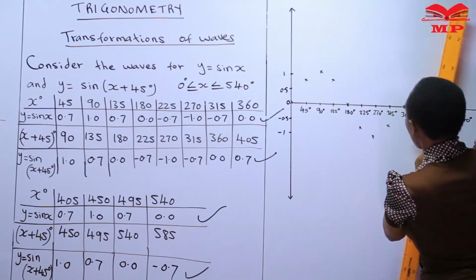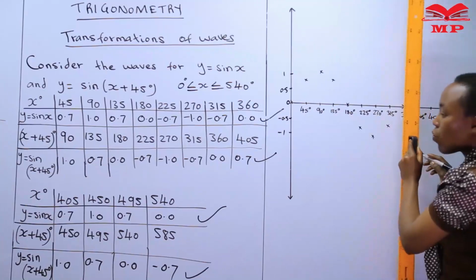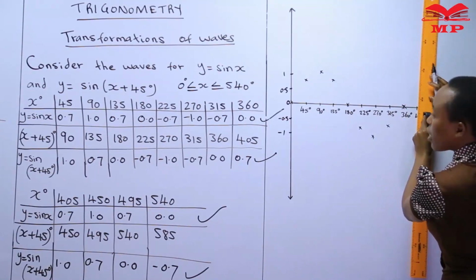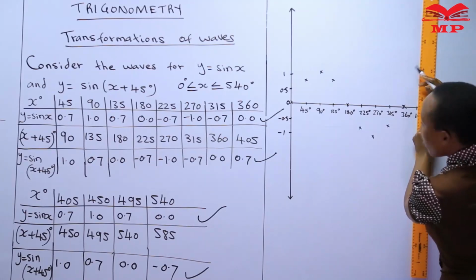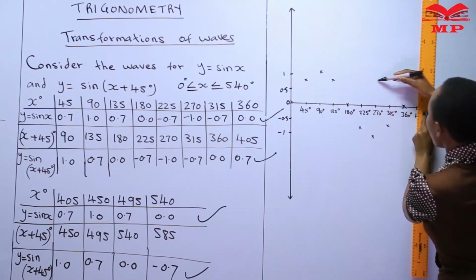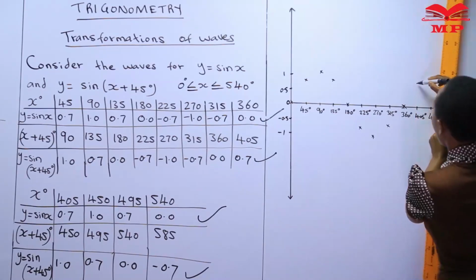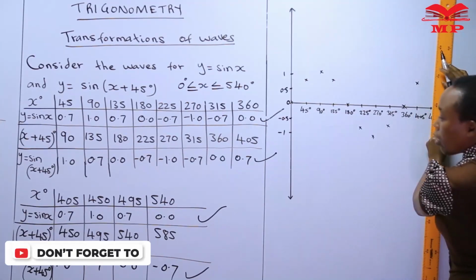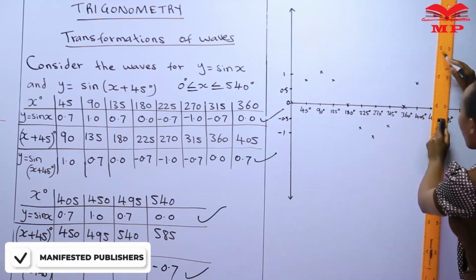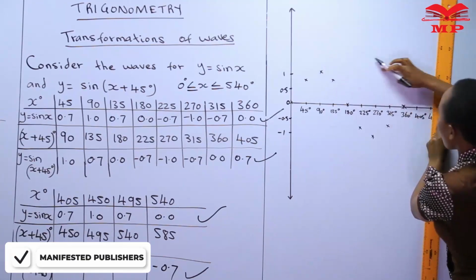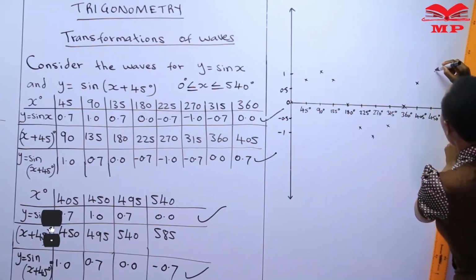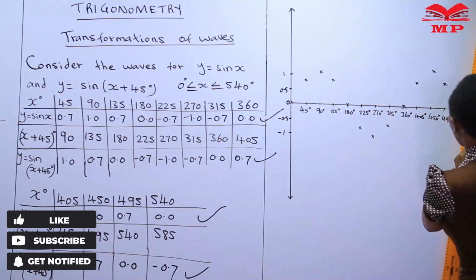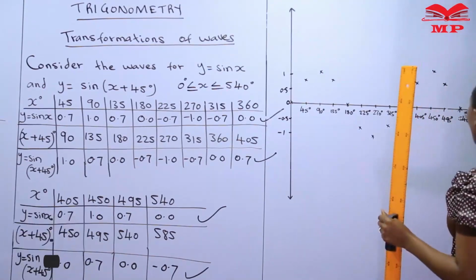At 360 we have 0. We move on: at 405 we have 0.7, which is here. Then at 450 we have 1, which is up here. At 495 again 0.7, and at 540 we have 0.